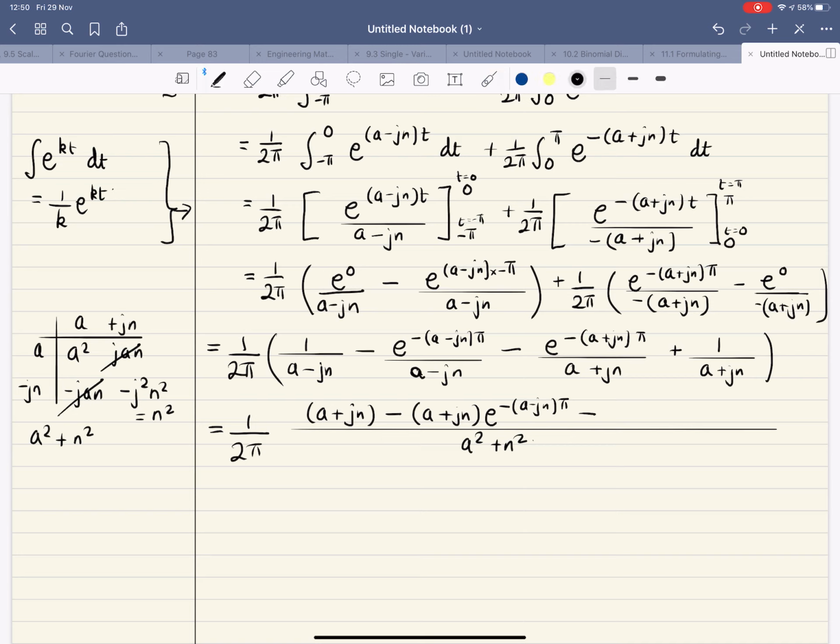So that's going to be minus a minus jn times e to the minus a plus jn pi. And then this last one here, that's going to be plus 1 times a minus jn plus a minus jn there. And they're all multiplied by this one plus 2 pi. So I can actually write that there just to save space a little bit.